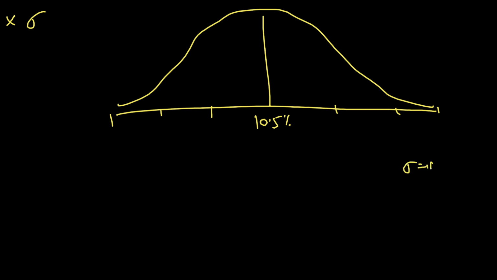In that case, 10.5 plus 18 is 28.5, then plus 18 will be 46.5.